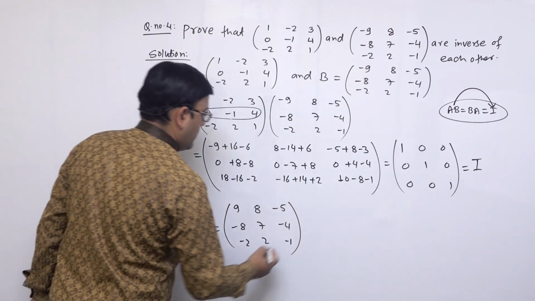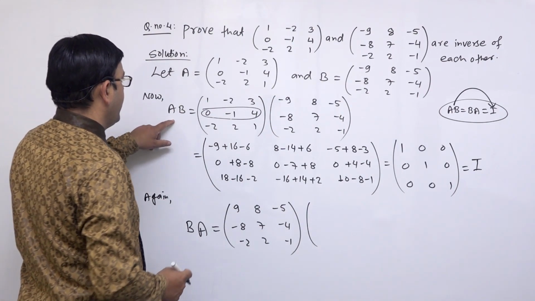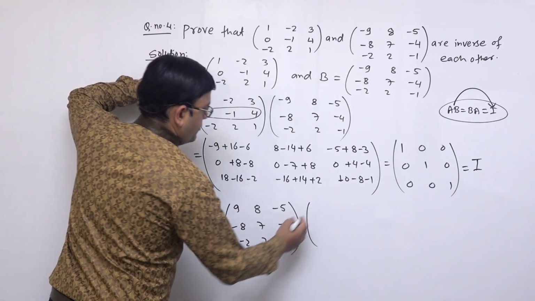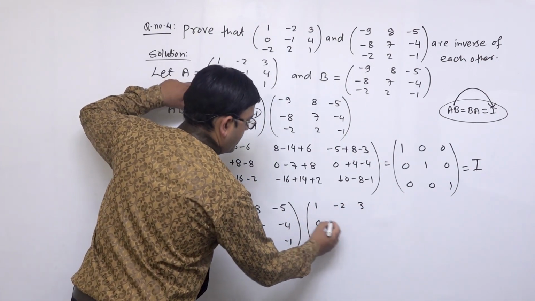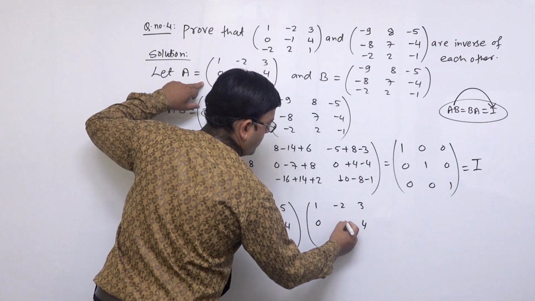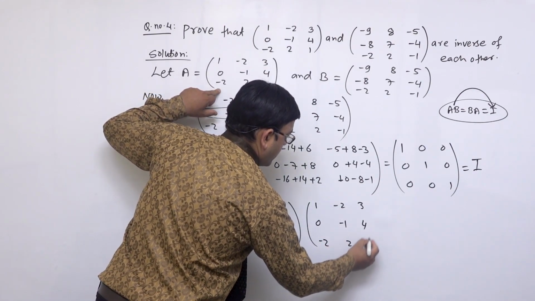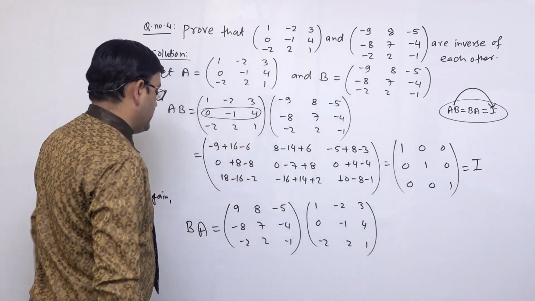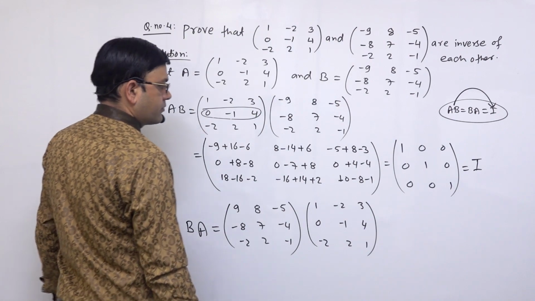This is B. And then again A. What is A? A is this one: 1, minus 2, 3, 0, minus 1, 4, and then minus 2, 2, 1. This is B and this one is A. Let's multiply these two again.